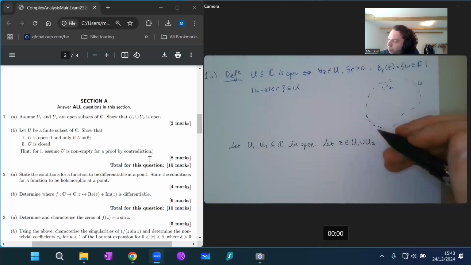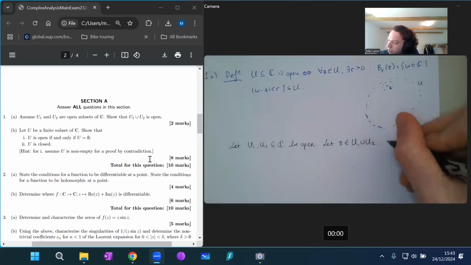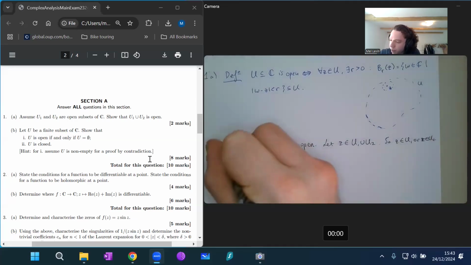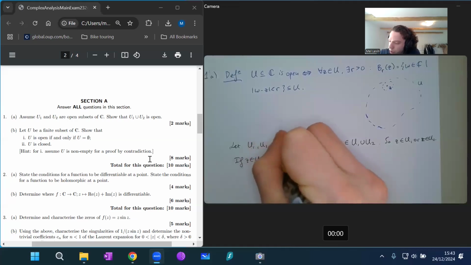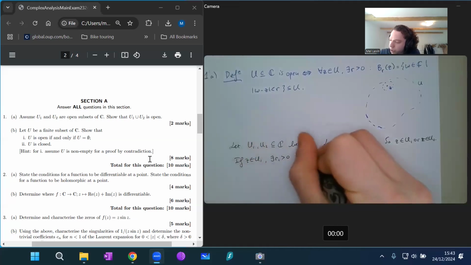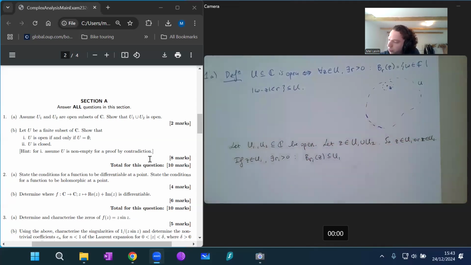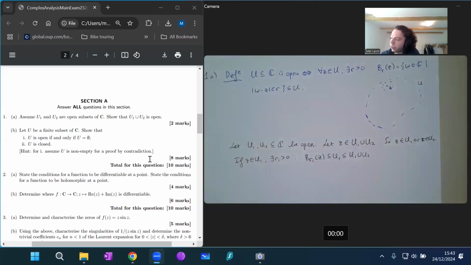Since Z is in the union, it's in one of those two sets. So literally by definition, Z is in U1 or Z is in U2. If Z is in U1, there exists an R1 bigger than naught such that the ball of radius R1 centered around Z is inside U1, which of course would then be inside the union, in which case we're done.